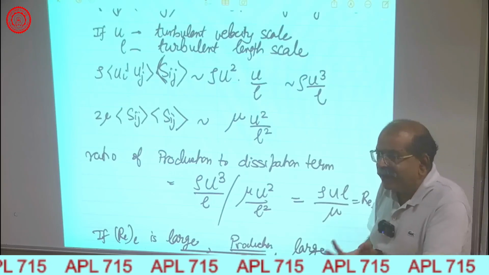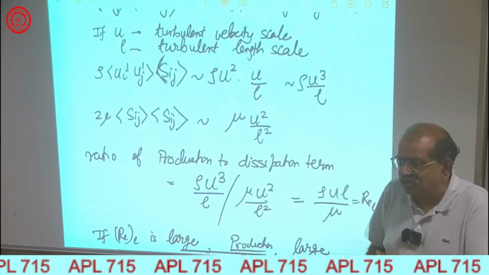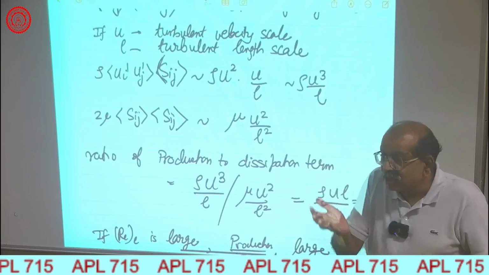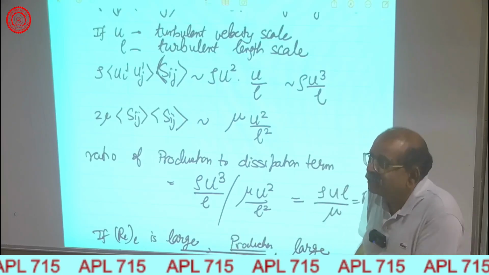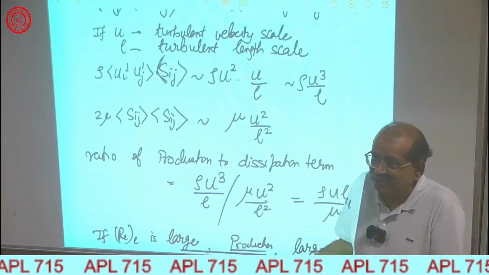So when I say turbulence, I'm talking of fluctuations. So the fluctuating scales themselves are not small. If they were small, then turbulence would have died down.